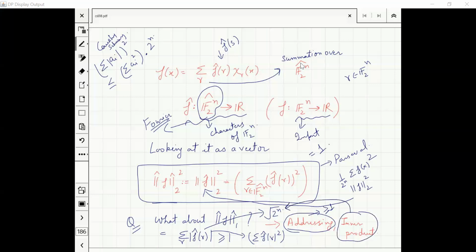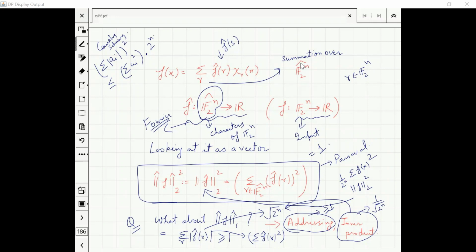And by the way, by Cauchy-Schwarz, you know that it will take the maximum value if every Fourier coefficient has the same value. And this happens. If you look at inner product, every Fourier coefficient has this value, and that's why it has the maximum 1 norm.